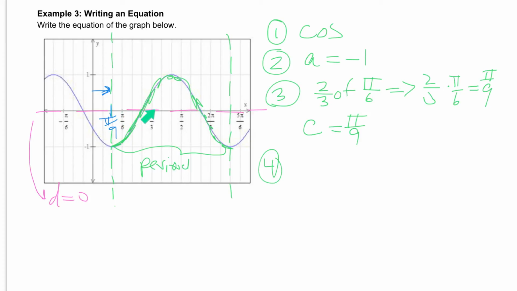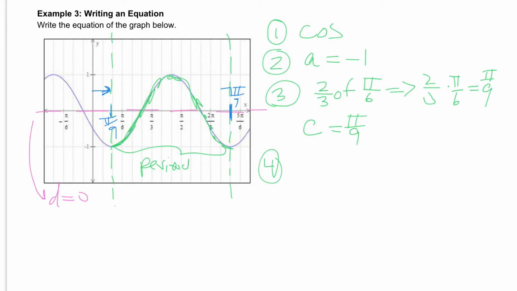Pi over 3 would be the same as 3 pi over 9, which is true. 4 pi over 9. We go over 2 more. 5 pi over 9. 2 more. 6 pi over 9, which is the same as 2 pi over 3. And then we get to 7 pi over 9. So this point right here is 7 pi over 9.